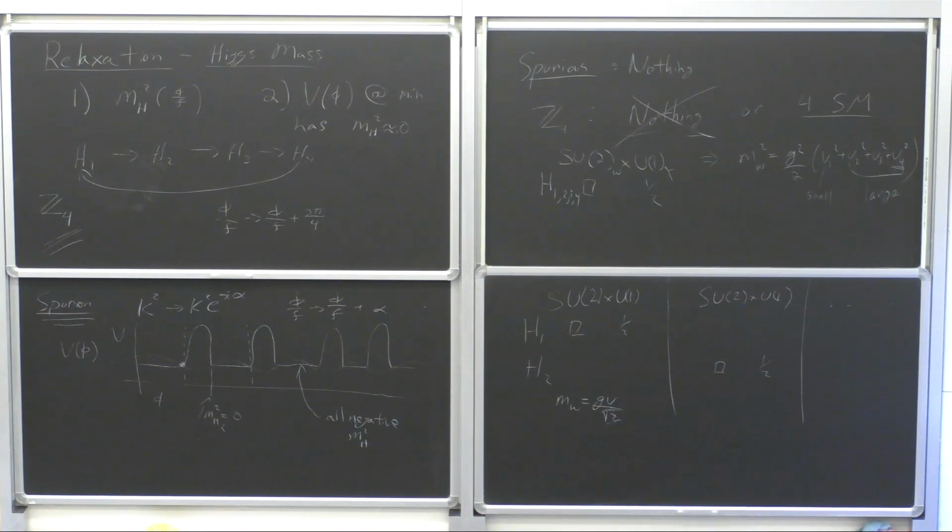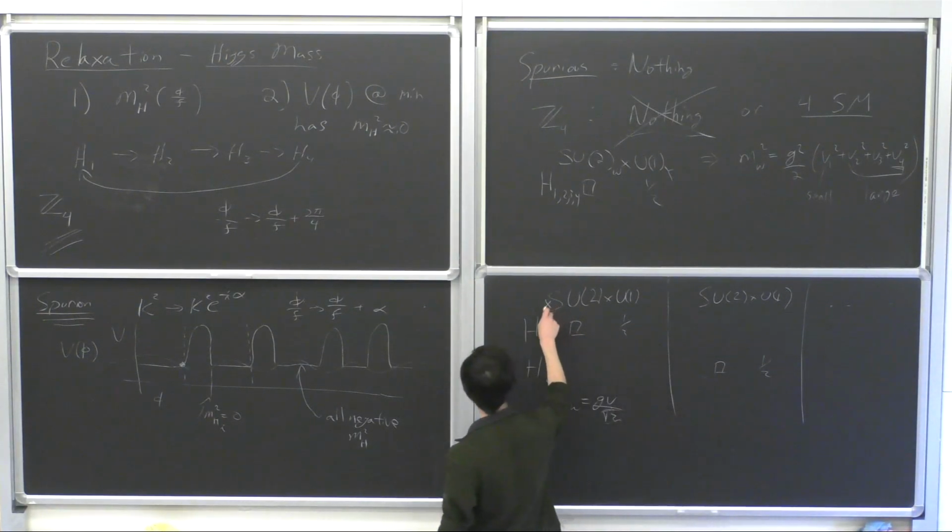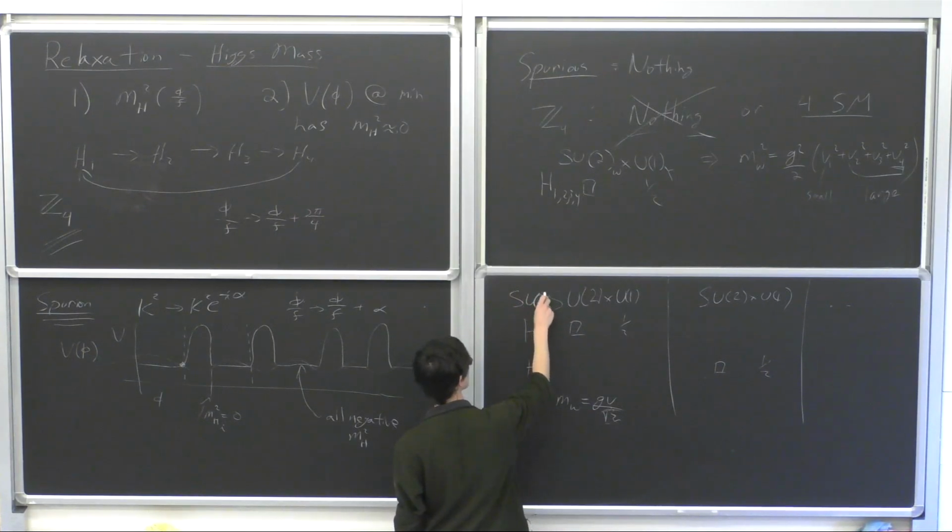Well, unfortunately, anomaly cancellation is very, very specific in the standard model. And if you just try to copy parts of the standard model, you screw up pretty much everything about the standard model. So anomaly cancellation forces us to do color.